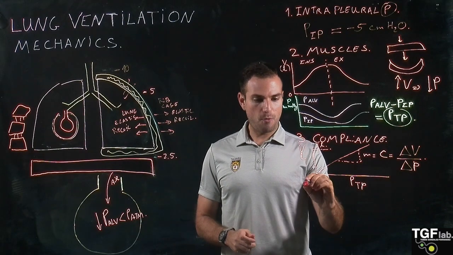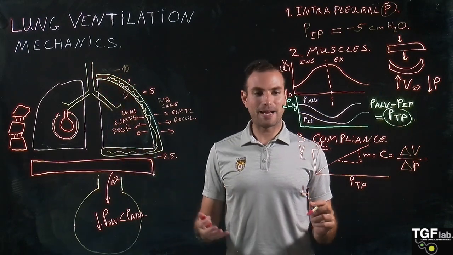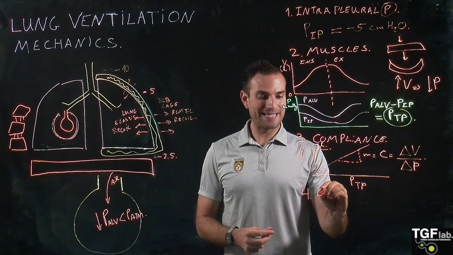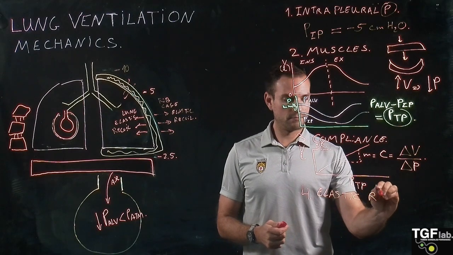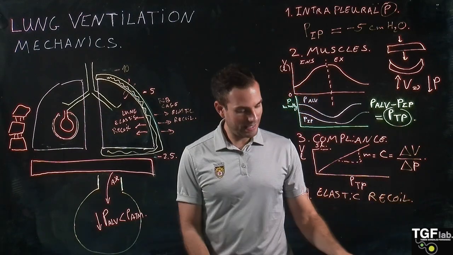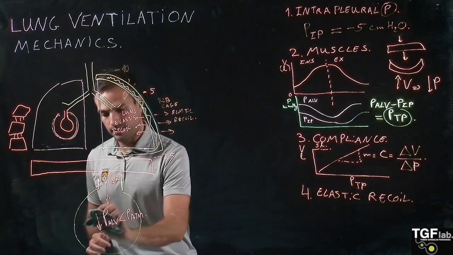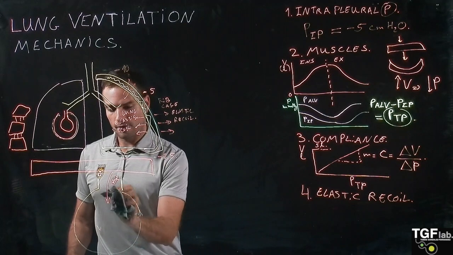And then we have a fourth element that is going to participate into this mechanical process, which is the elastic recoil. Which happens mainly here in the alveoli. So let me clean a bit our alveoli so we can represent it better.